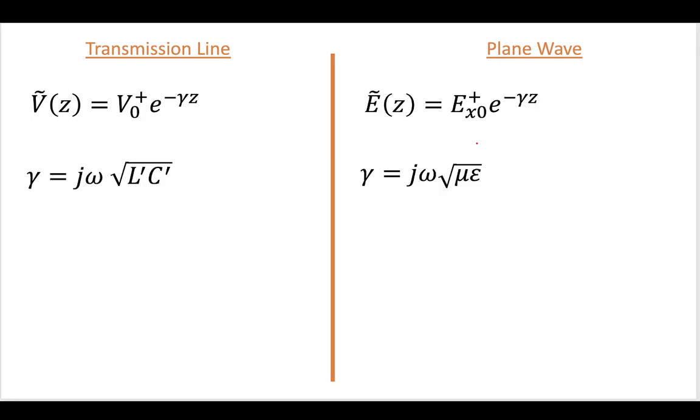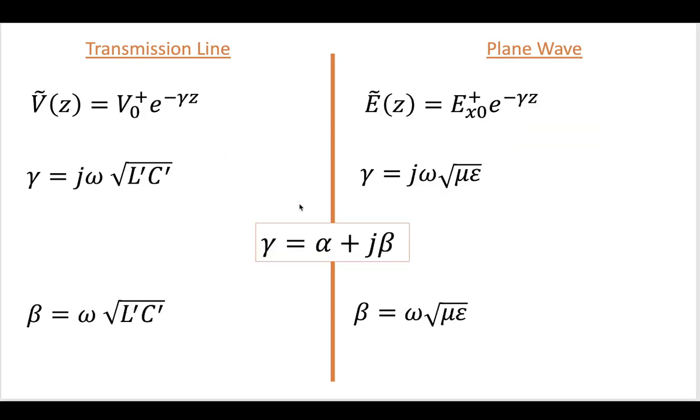Okay, so now we have a relationship for gamma, and it's slightly different between these two, because on the transmission line, we derived this using that RLGC model, and on this one, we started from Maxwell's equations. So this is what these two differences come from.